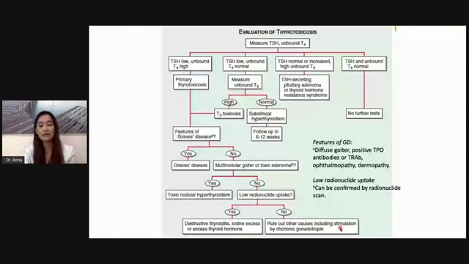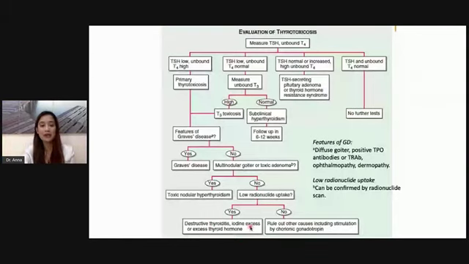Probably if the patient is female, it could be a chorionic gonadotropin secreting tumor, or if there is a low radionuclide uptake, then most likely your thyroid gland is destroyed. You have destructive thyroiditis, iodine excess or excess thyroid hormone.